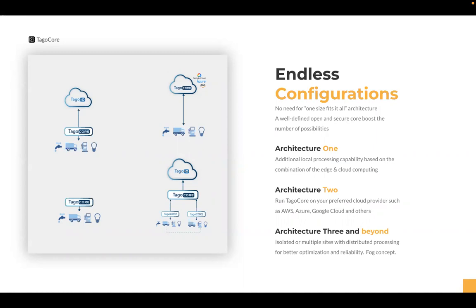So it processes data faster, but it isn't as reliable as the cloud because the cloud has backup and a bunch of other stuff that we sometimes cannot achieve by simply running TagoCore on an edge computing station. And these are just two examples of the types of architectures that we can implement with TagoCore. But of course, there are many more that you can think about and use.